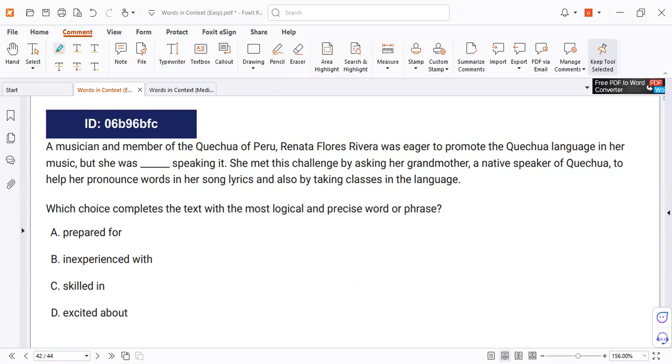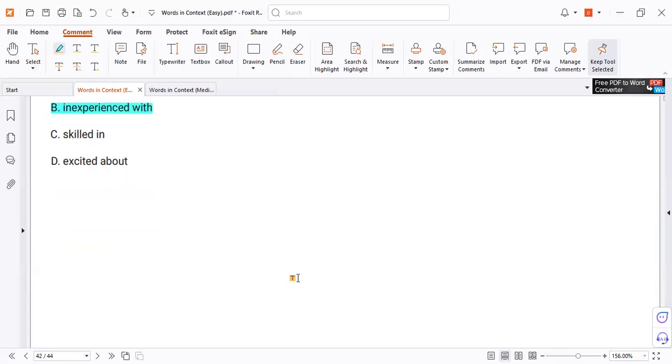B. Letter B, it is perfect. E, subject, and that's brilliant. What helped you? The next one, she met the challenge by asking her grandmother. Good job.